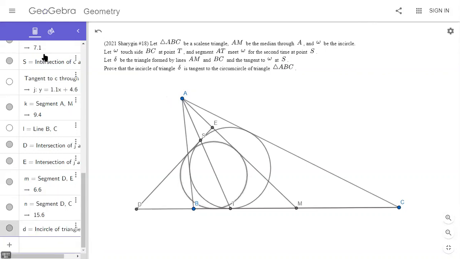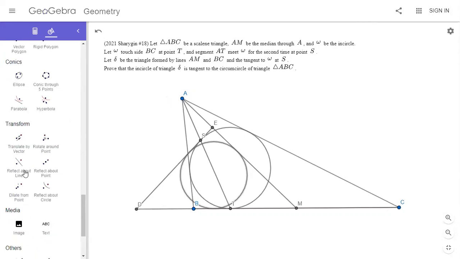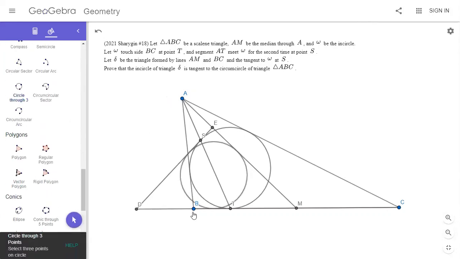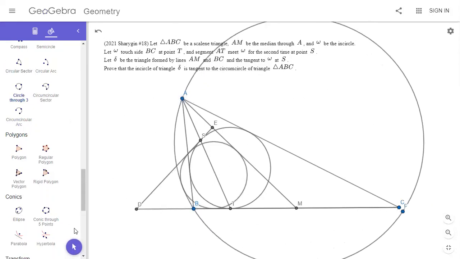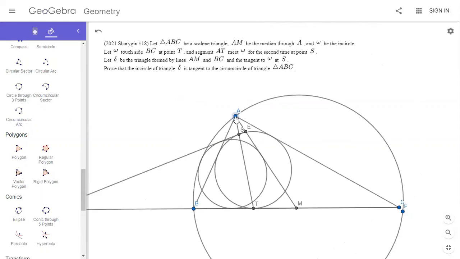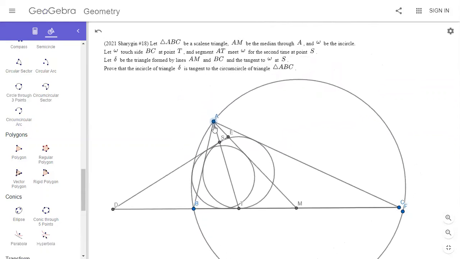And we want to show it's tangent to the circumcircle of ABC. That looks kind of hard, but let's see where we can get with it.